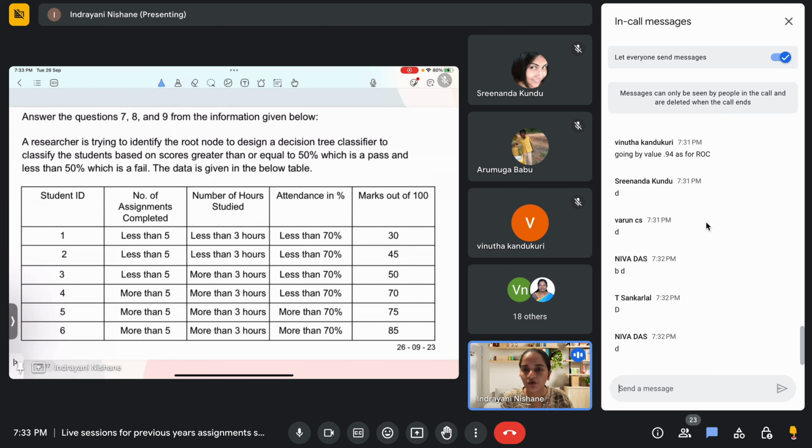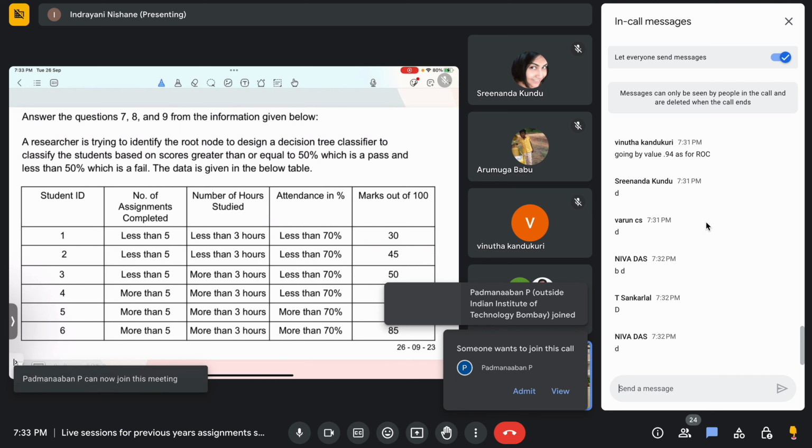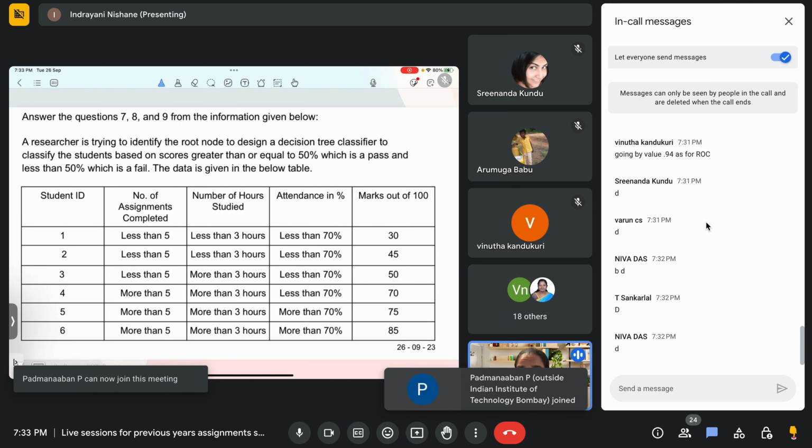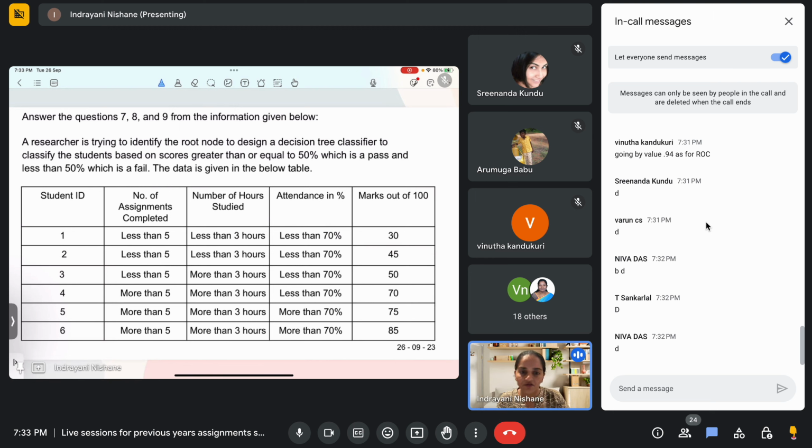Okay, moving on to the numerical question. There's this table. A researcher is trying to identify the root node to design a decision tree classifier to classify students based on score greater than or equal to 50% as pass, or else fail. So if a student scores greater than or equal to 50%, that student is pass, and those who score less than 50 will fail. Let us try to assign pass or fail.